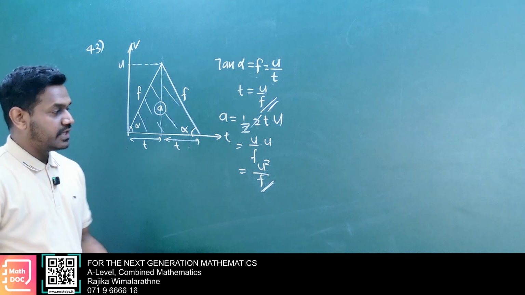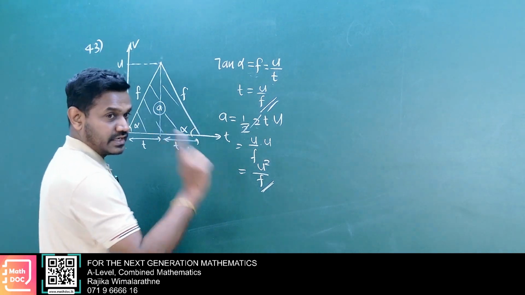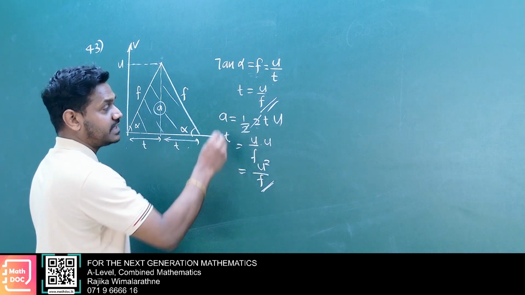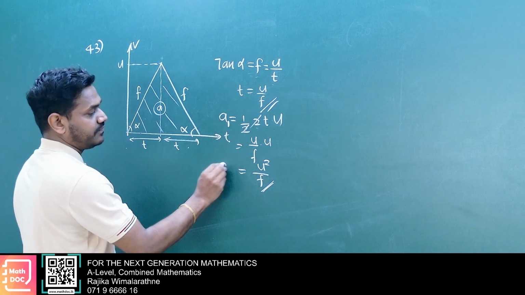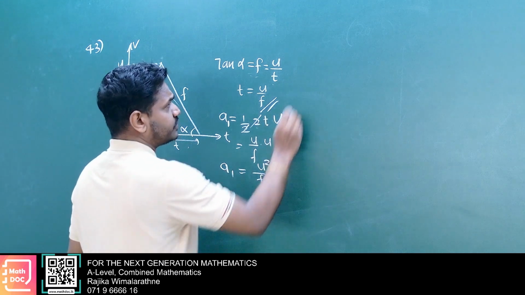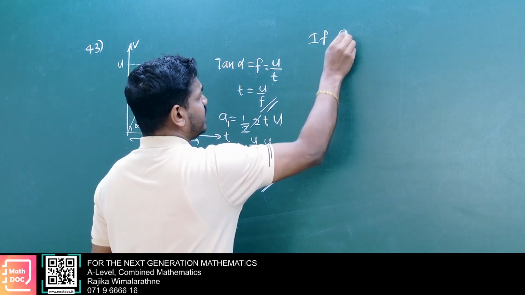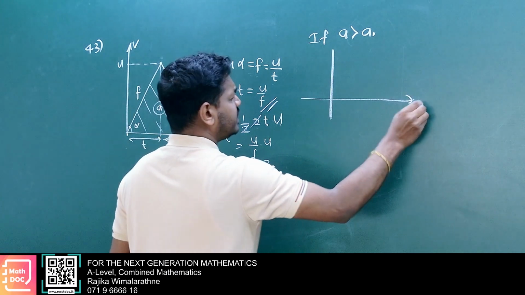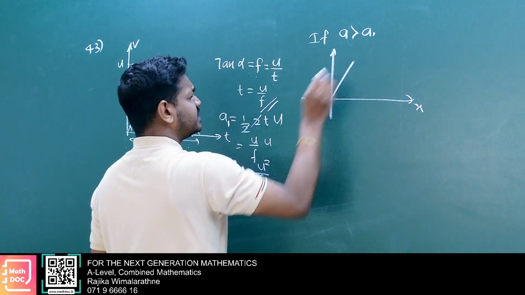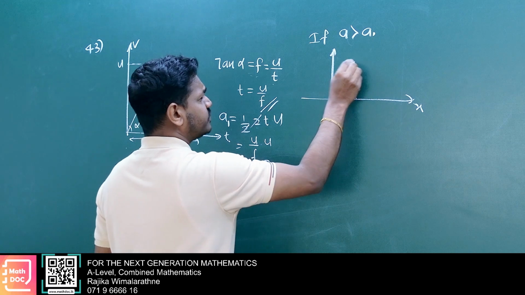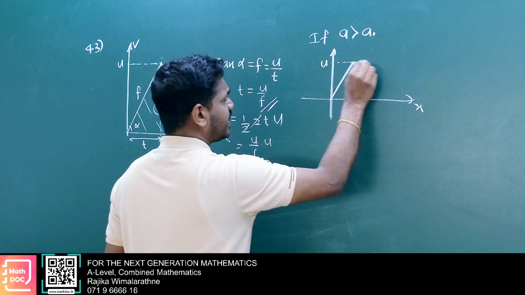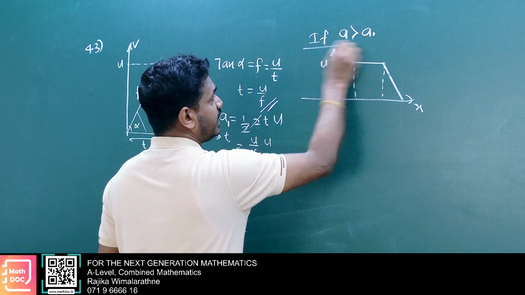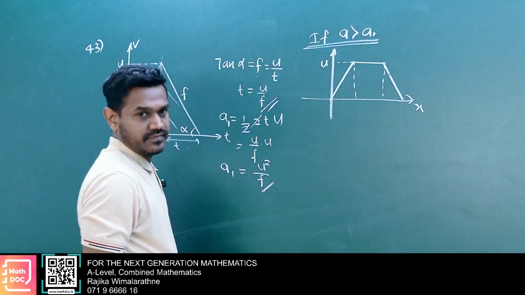Okay. So if the given displacement is greater than this one, let's say a1 is this, a1. So here we have two cases. If a is greater than a1, then we need to move with acceleration, thereafter reach velocity u and maintain that velocity, then finally retard it, for a greater than a1 displacement.